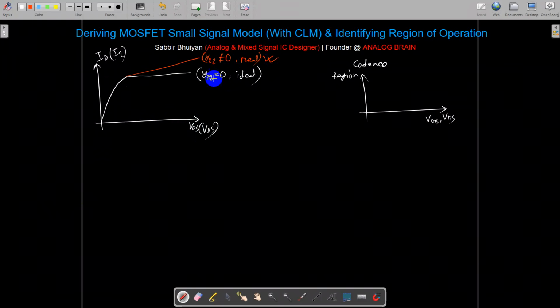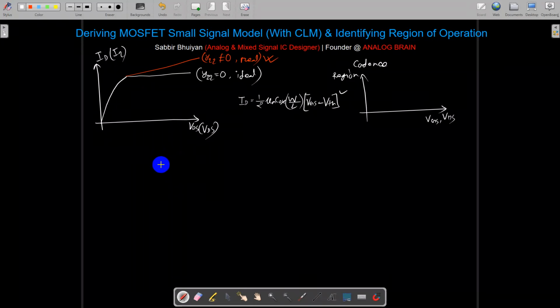We already know for the ideal one, our ID is nothing but half mu n Cox W by L, then (VGS minus VTH) whole square.